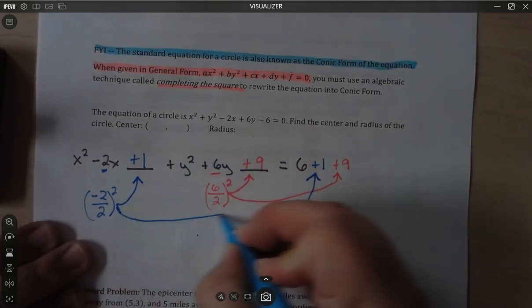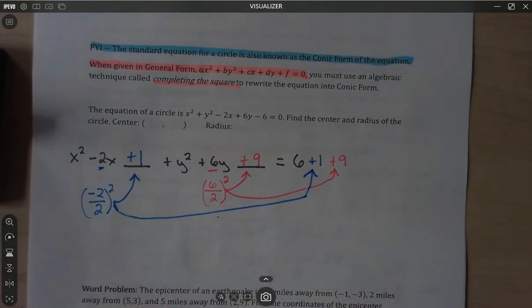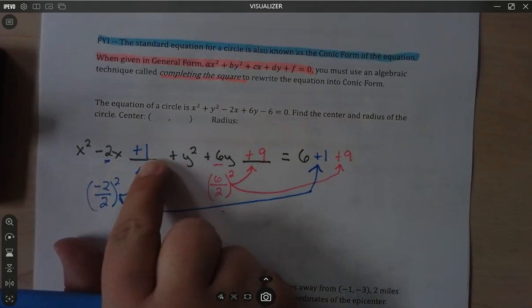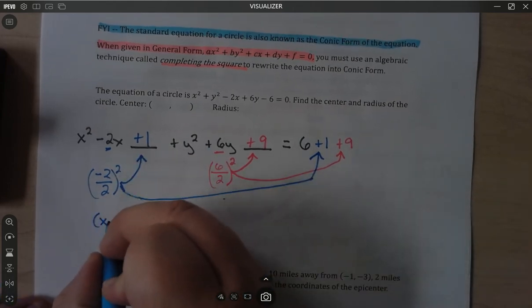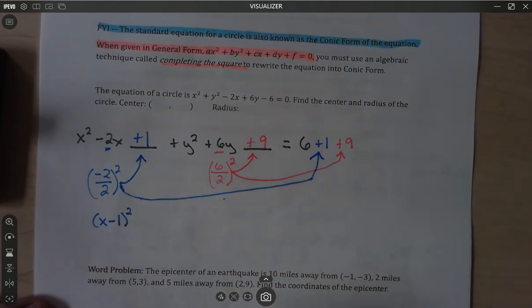Completing the square gives us these perfect square binomials, which means that now it should be easier to factor. So x squared minus 2x plus 1 means that this is going to be (x minus 1) quantity squared.